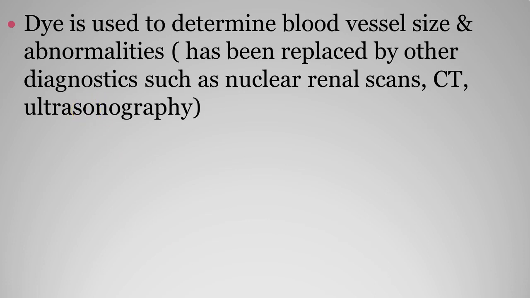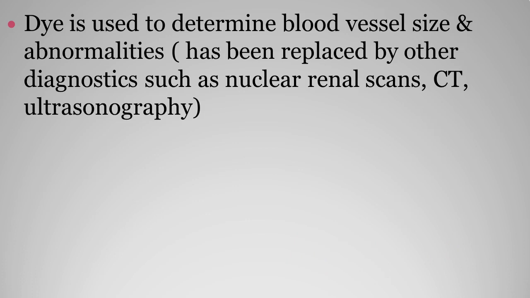A lot of times, when our patients who have coronary disease are having a heart cath, many times the cardiologist will move the camera to the abdomen and shoot some dye in the renal arteries to determine if that patient has any kind of stenosis or blockage in the renal arteries that could contribute to the patient's poor kidney function.